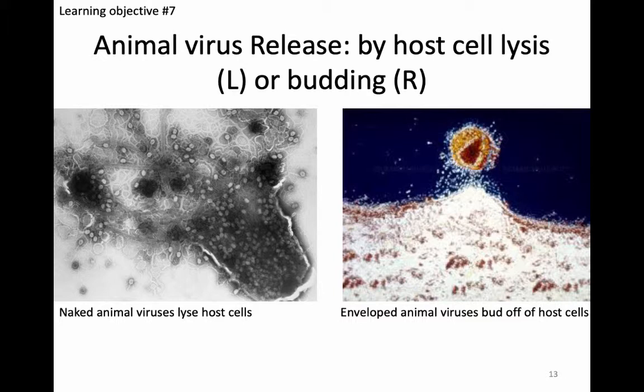So naked animal viruses will lyse their host cell, meaning the host cell gets completely full of virus and the virus will burst out of the host cell. The enveloped viruses will bud off, where they take a layer of the host cell membrane with them, which will become the viral envelope during the budding stage.